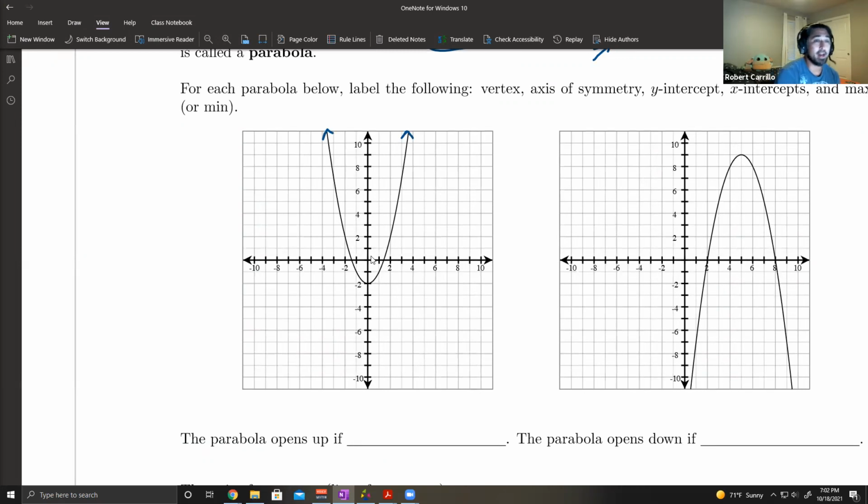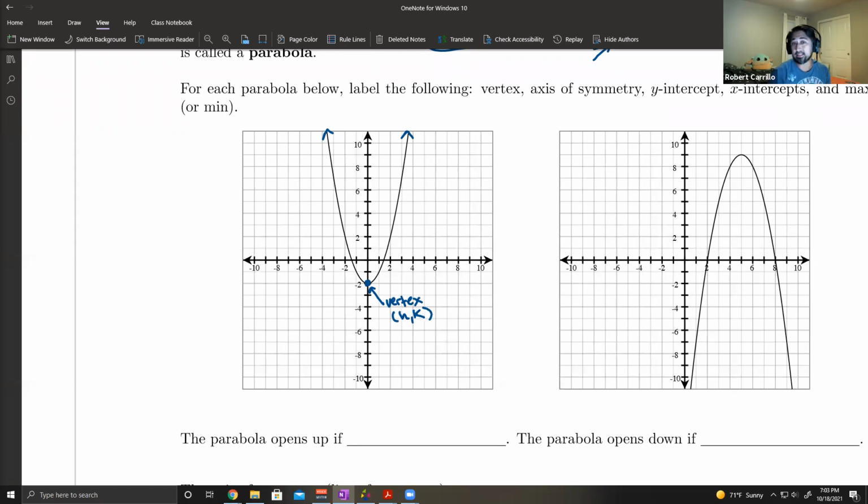On a parabola, there is a main point, and that point is called the vertex. That is the very middle of the parabola, right here. The vertex is always given as a point (h, k).